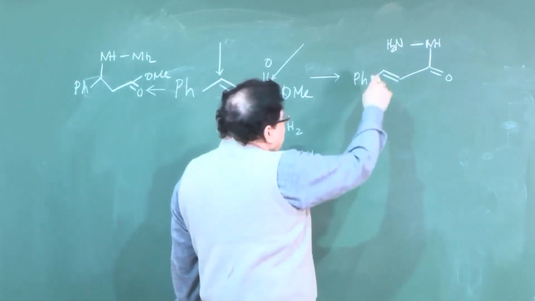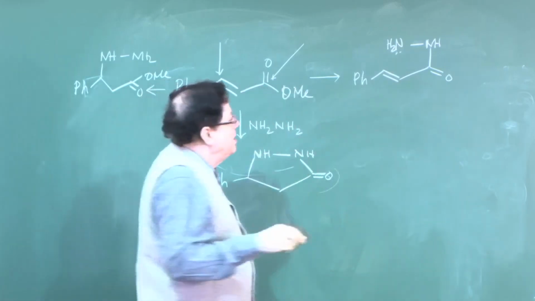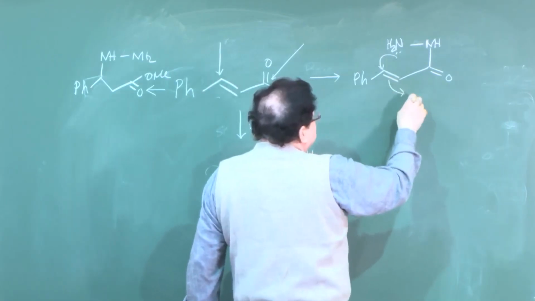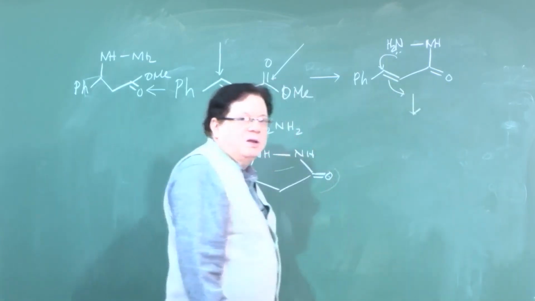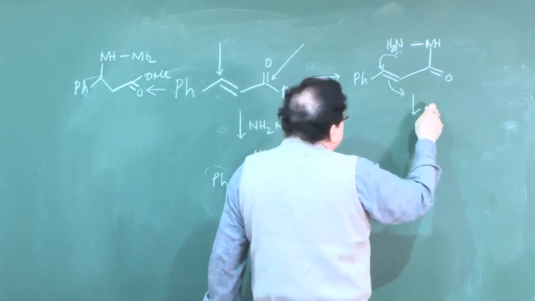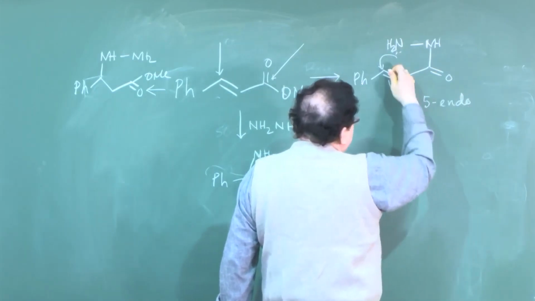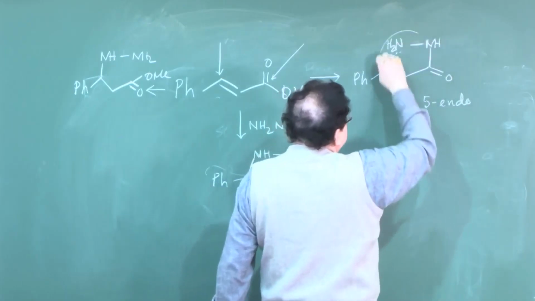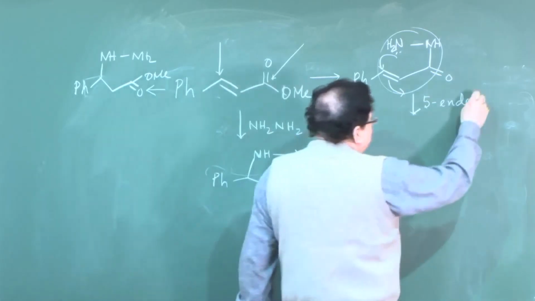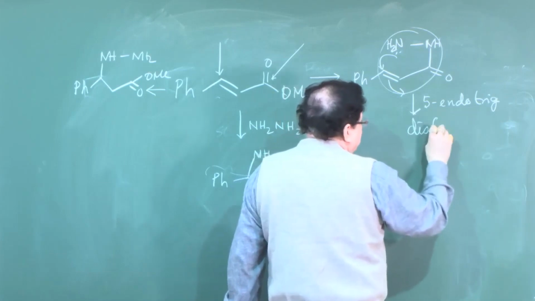Now, for the intramolecular cyclization to happen, where Baldwin's rule is applicable, this one, if it adds in this fashion, gives the product, no doubt, but it is a violation of Baldwin's rule, because this will be called a 5 endo, because the electron is flowing inside the ring that is being formed. That is 5 endo-trig, which is a disfavored process.